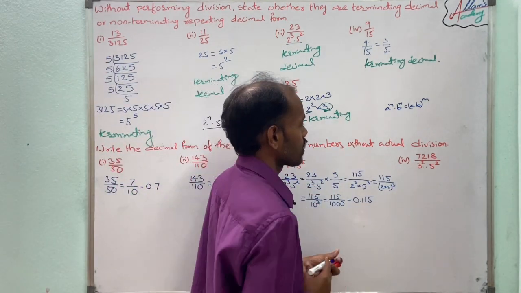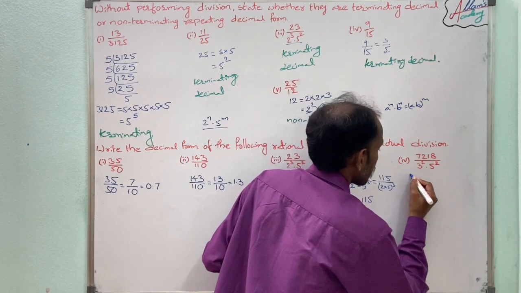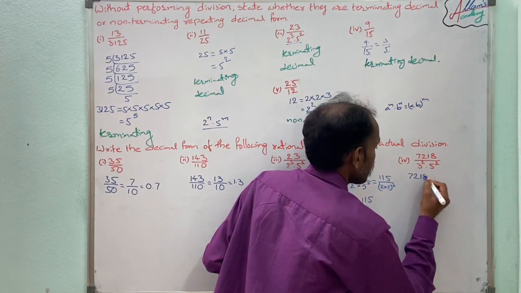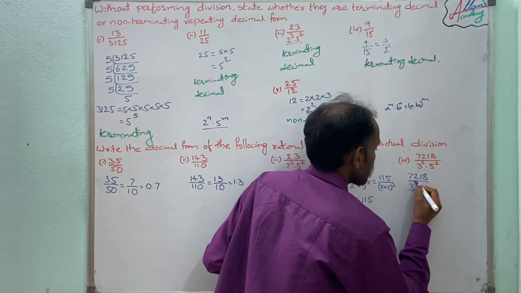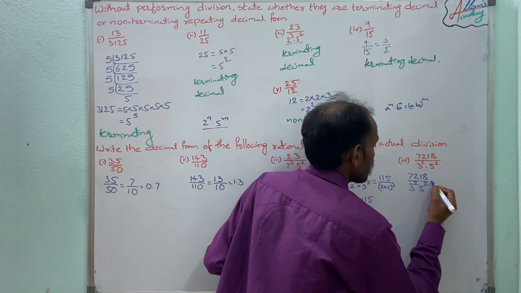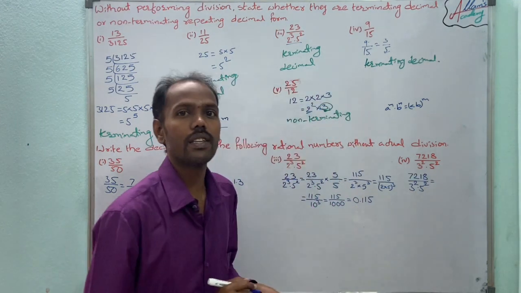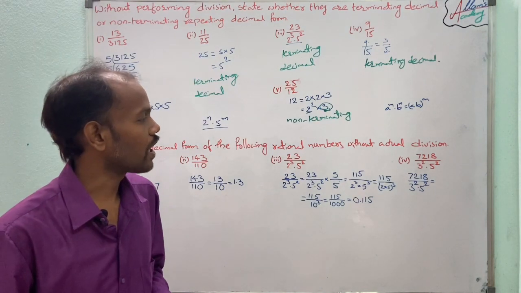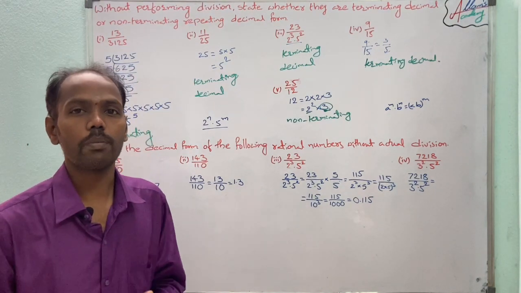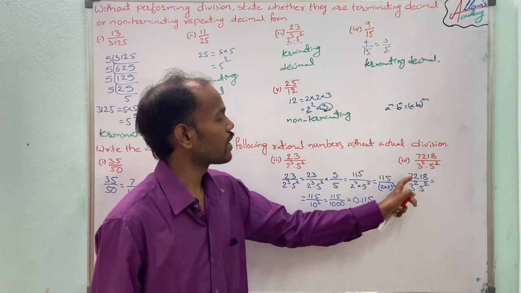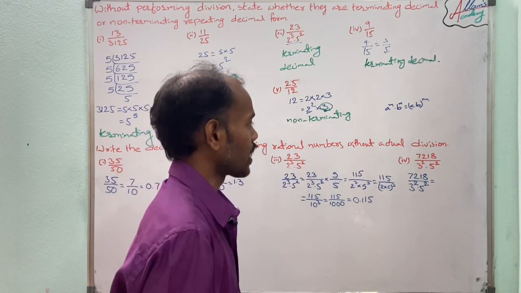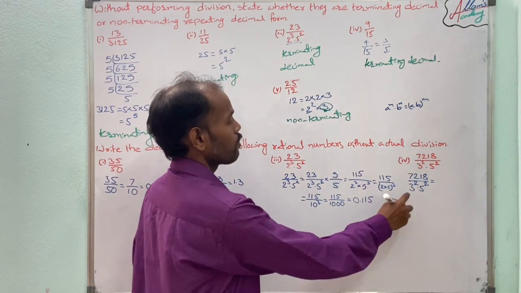Now we observe another problem. Here we are solving 7218 by 3 square into 5 square. We said the denominator must be in the form of 2 power, or 5 power, or the product of 2 and 5. But here in the denominator there is a 3 power also.